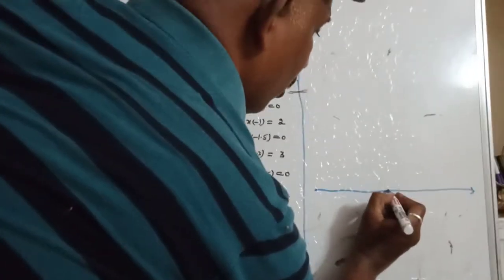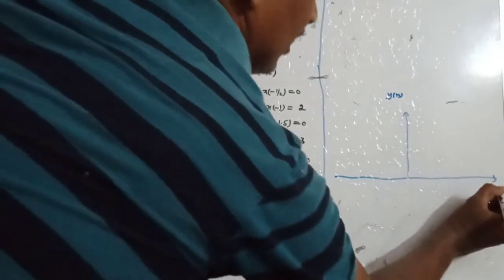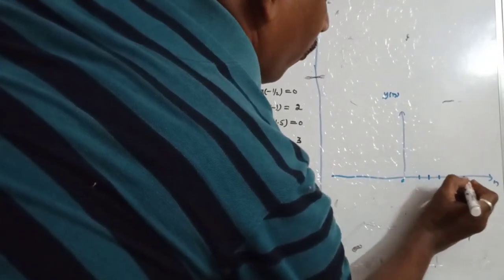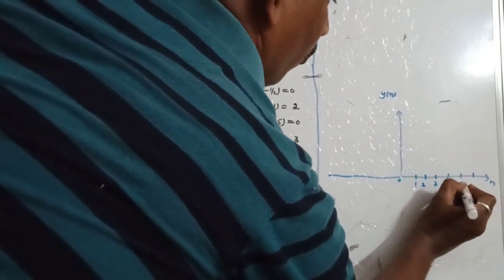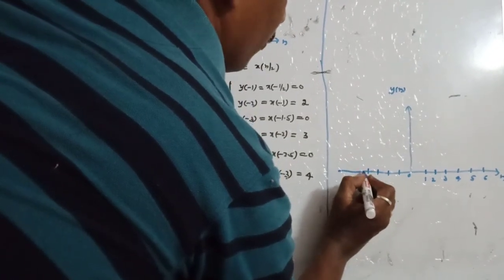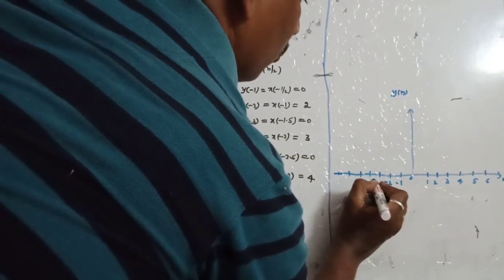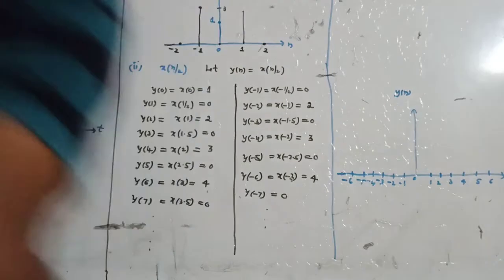You will get the diagram. So this is y of n versus n. So 0, 1, 2, 3, 4, 5, 6, and -1, -2, -3, -4, -5, -6, -7, and so on.